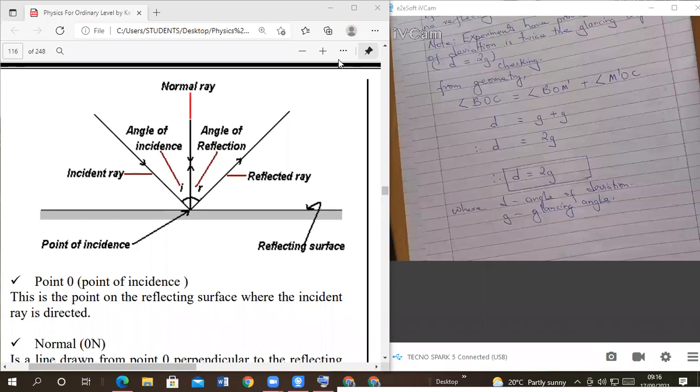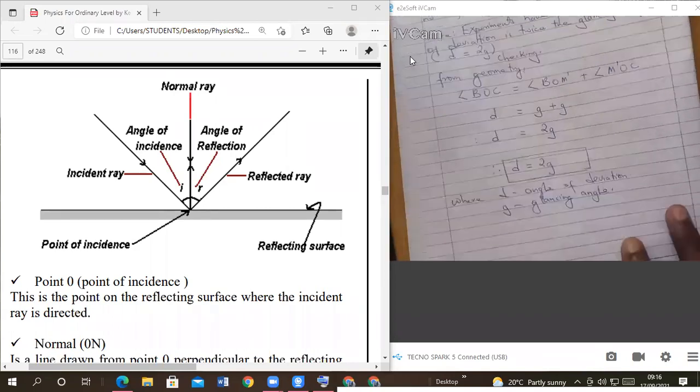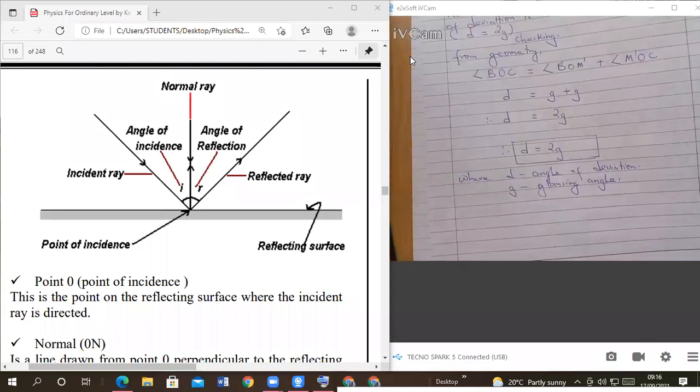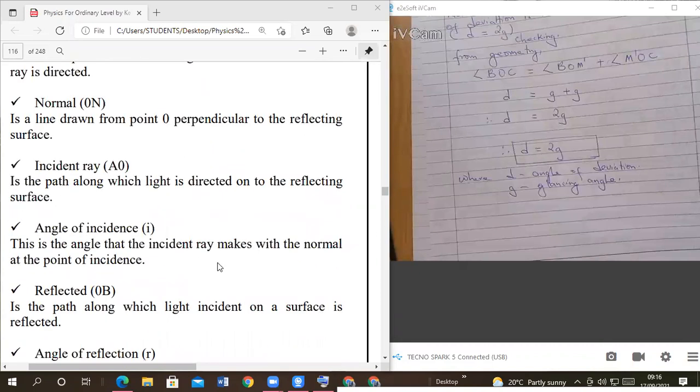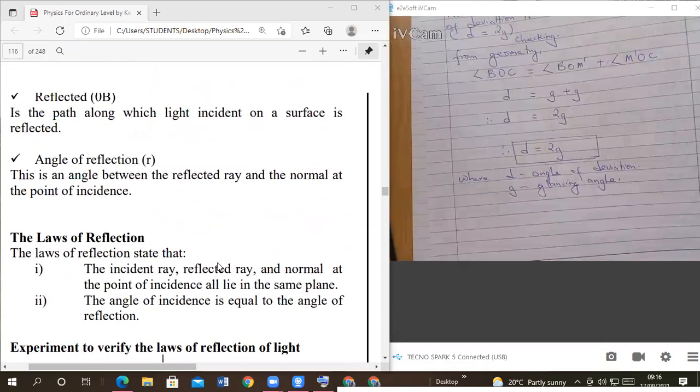The glancing angle is the angle between the reflected ray and the reflecting surface at the point of incidence. Are we together, members? Yes. So those are the terms.